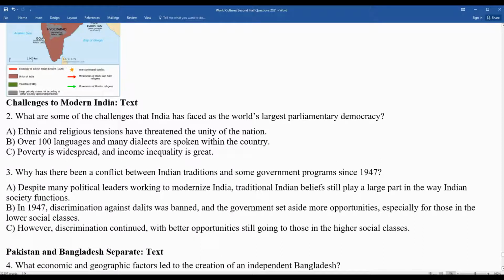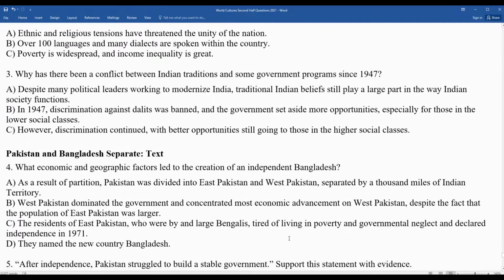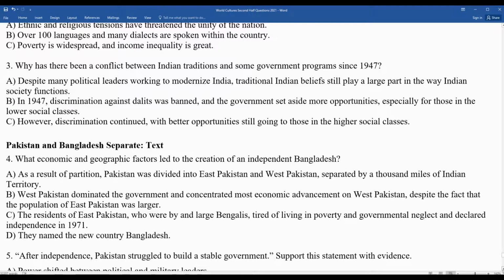Question 4, what economic and geographic factors led to the creation of an independent Bangladesh? As a result of the partition, Pakistan was divided into East Pakistan and West Pakistan, separated by 1,000 miles of Indian territory. It obviously didn't seem very practical.